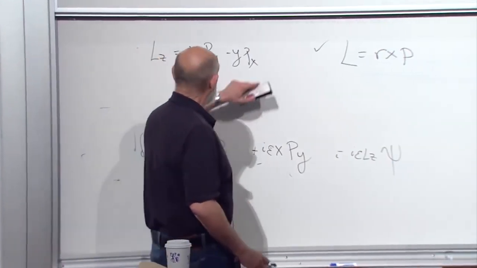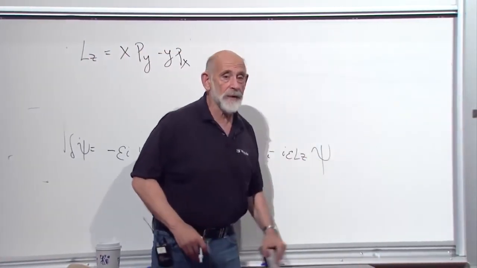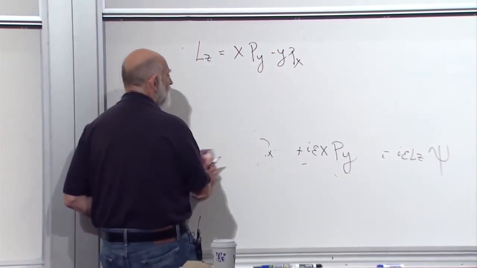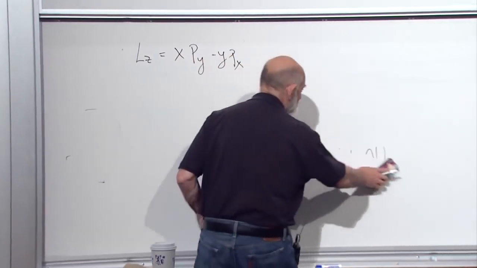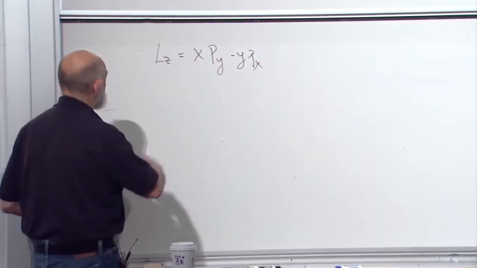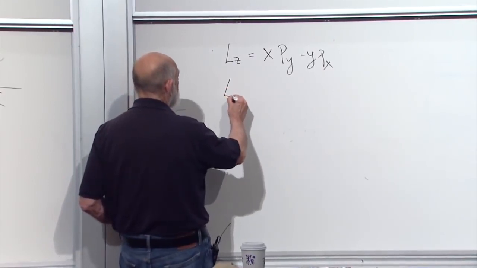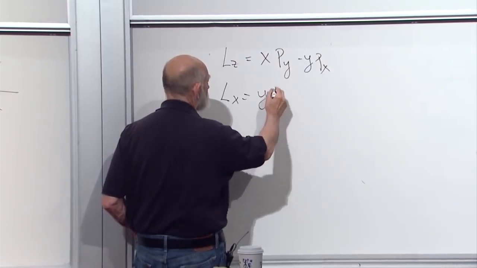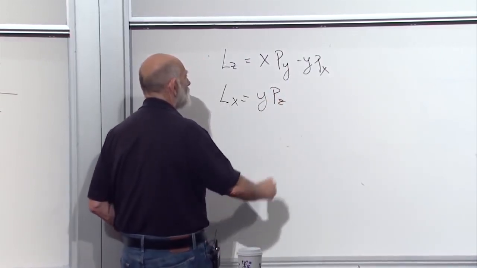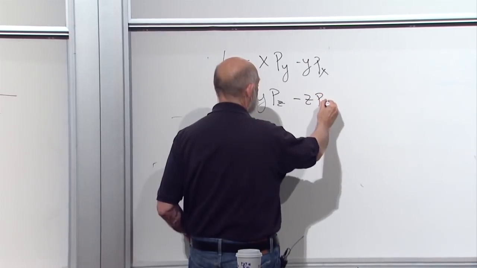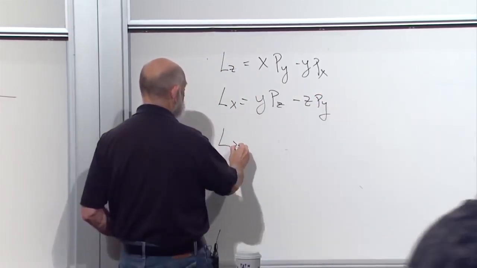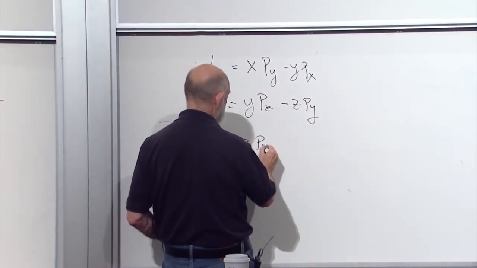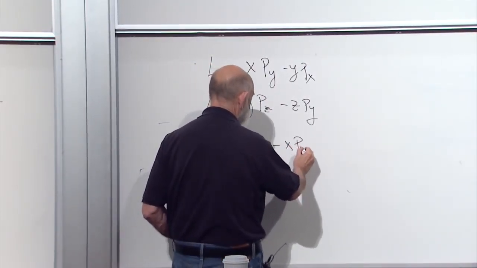Okay. What about the other components of angular momentum? You can read them off just by cycling through the x, y, z. X goes to y, y goes to z, z goes to x. All right, so going through it, z goes to x, x goes to y, y goes to z, minus zpy, and Lx, xyz, py, pz, px, minus xpy.